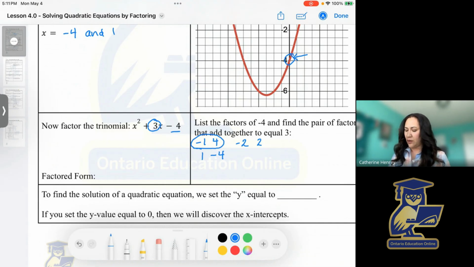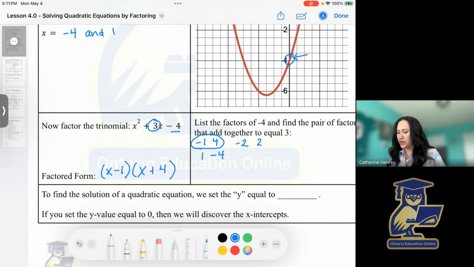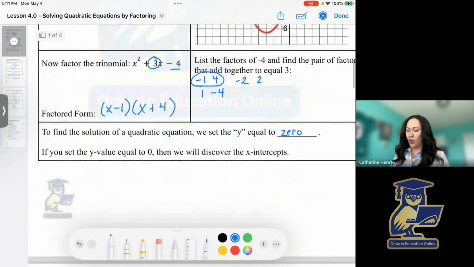So let's write our trinomial in factored form. And we have x minus 1 times x plus 4. So again, to find the solution of a quadratic, we set the y equal to 0. And when you set the y value equal to 0, you find the x-intercepts, or the solutions to the quadratic.